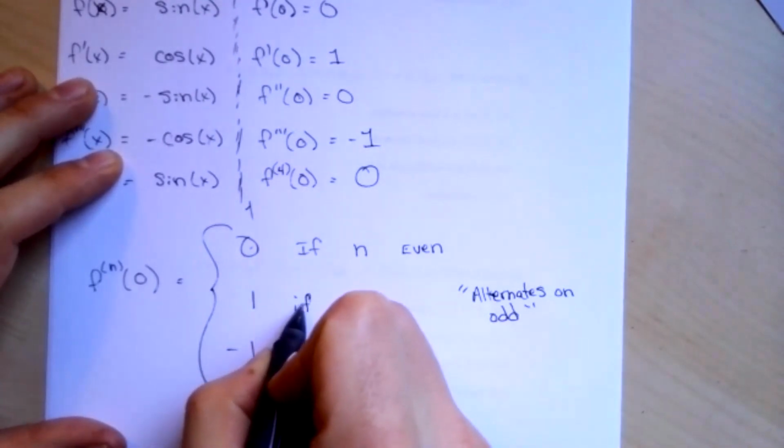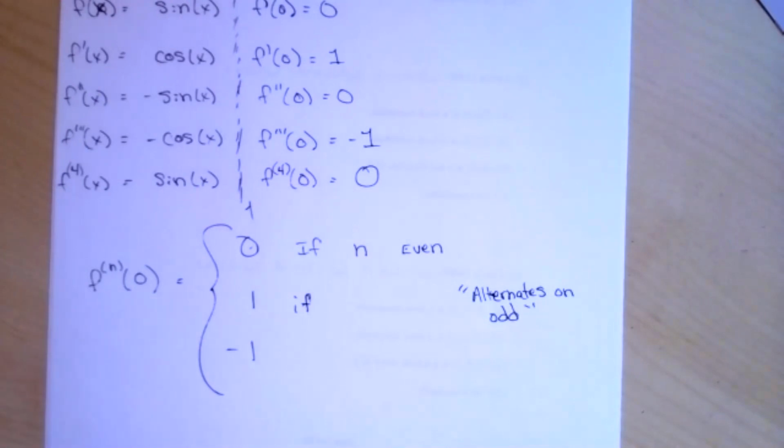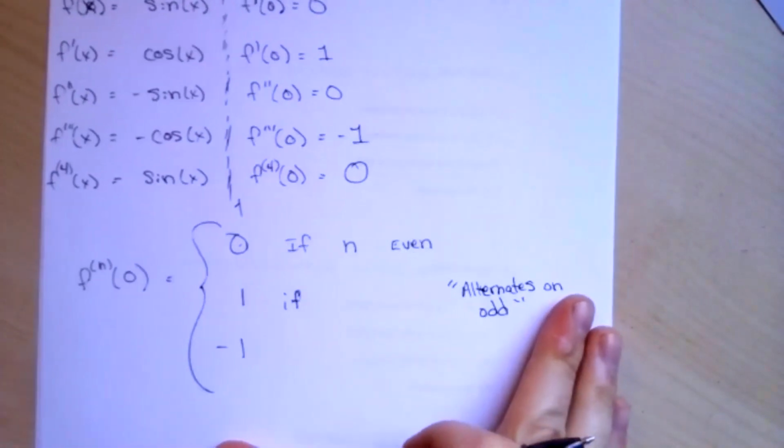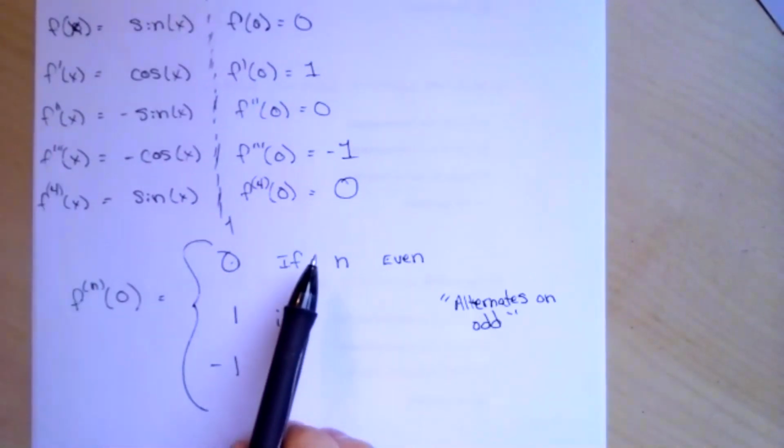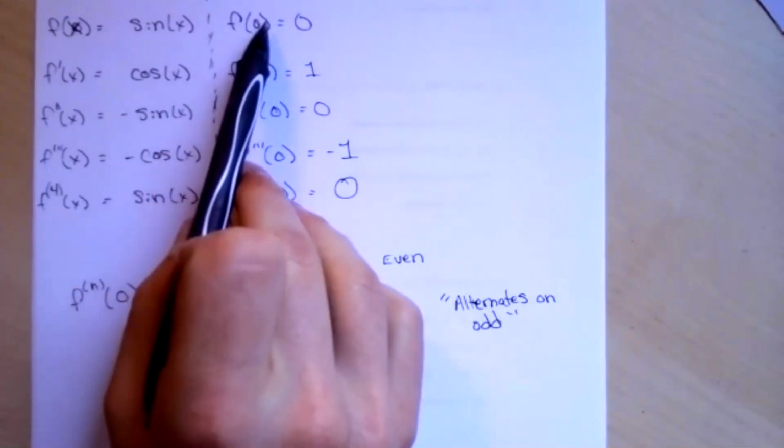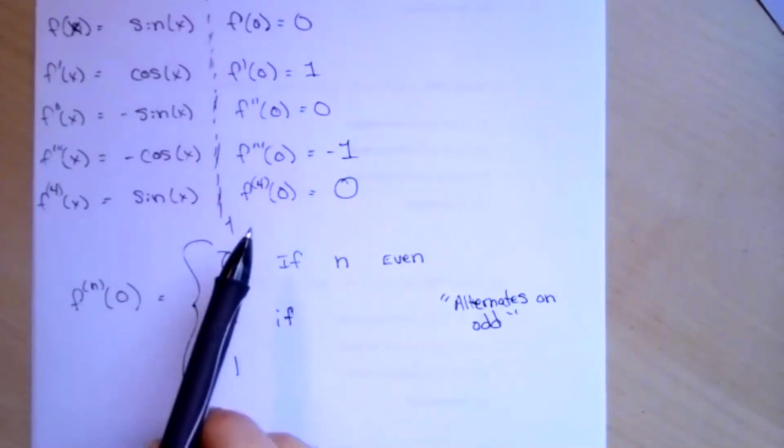This gets into a little bit of modular arithmetic, which is related to our linear sequences. The idea is that it's periodic with a period of 4.